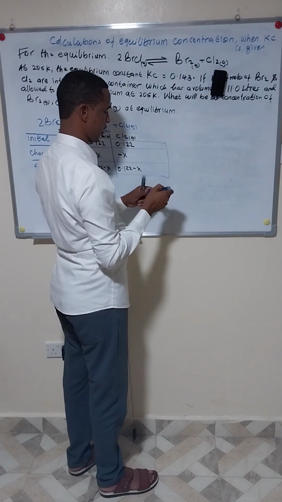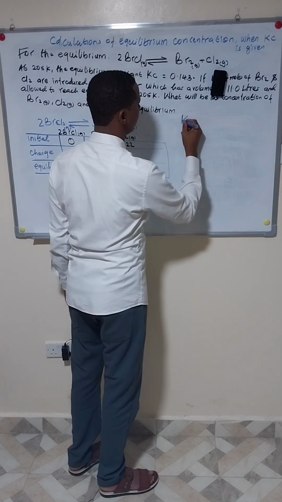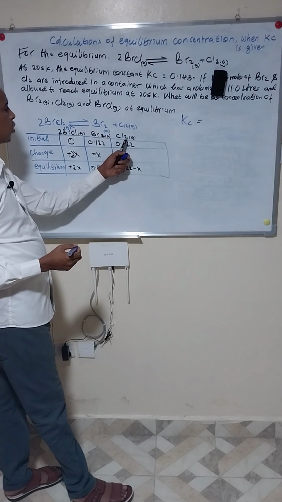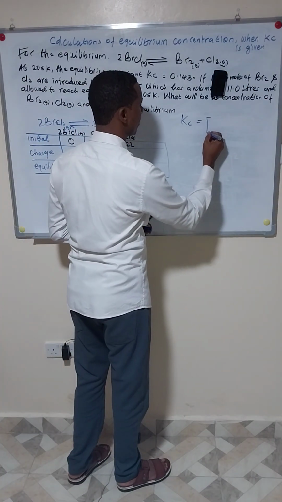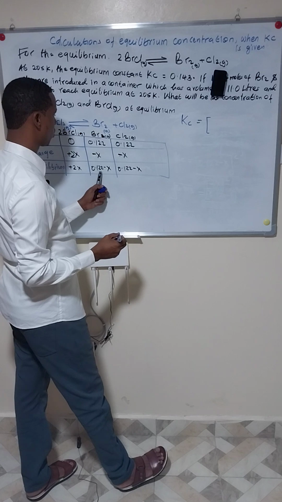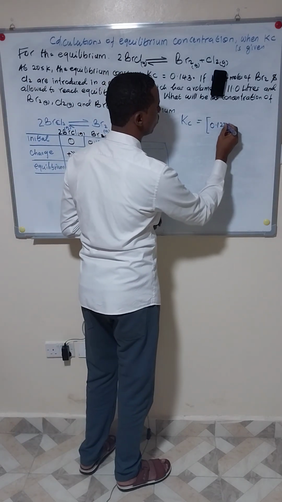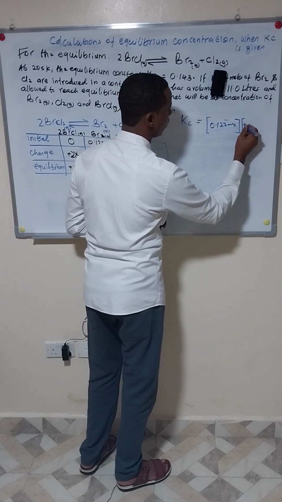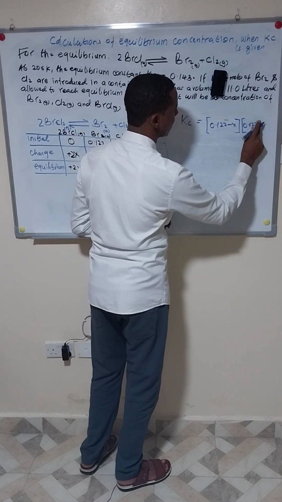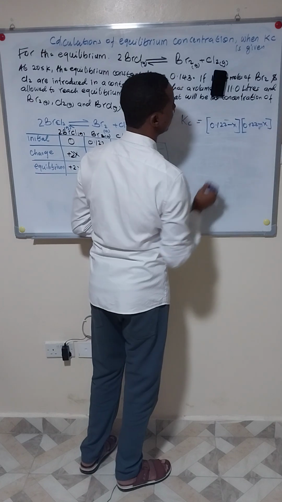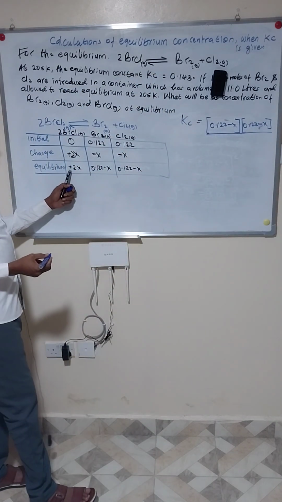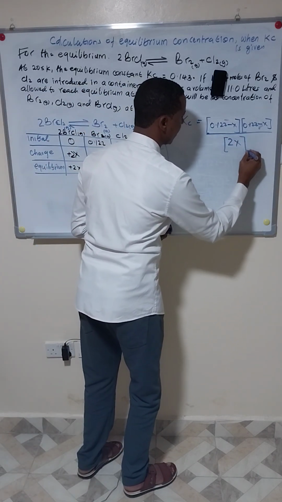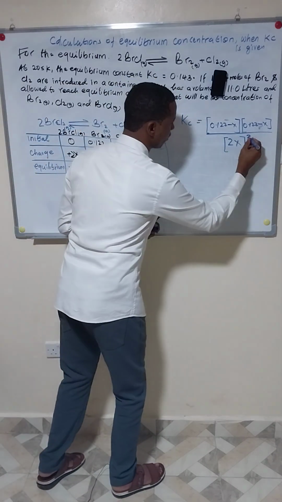So Kc is equal to the molar concentration of the products, that is the molar concentration of bromine and chlorine, which for bromine is 0.122 minus x, multiplied by, for chlorine, 0.122 minus x, all over the molar concentration of bromochloride, which is 2x, and it has a coefficient of 2, so we square that.